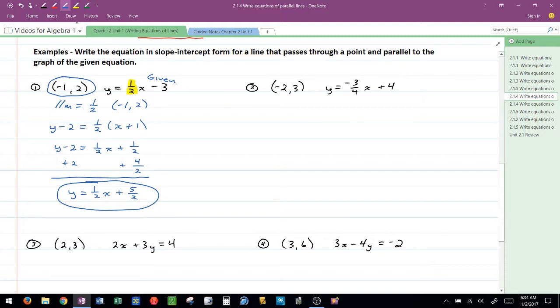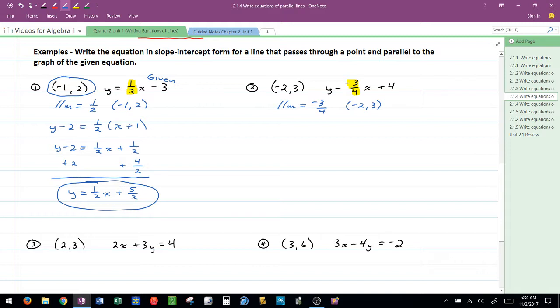All right? I recognize in the given equation that this is my slope, -3/4. I know that the parallel slope has to be exactly the same, -3/4. They want this new equation to go through the point -2, 3.